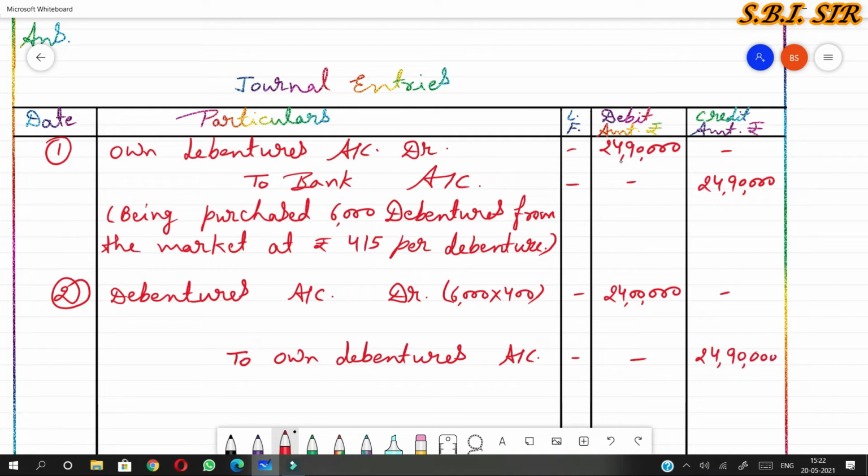Then the difference amount will be loss on redemption of debenture account debit, and the difference is 90,000.